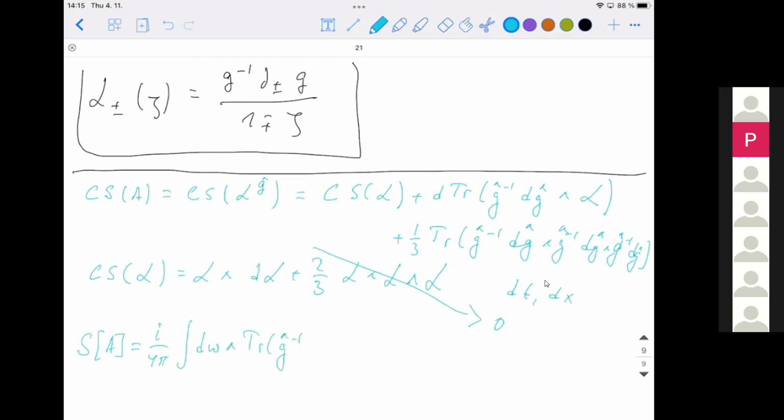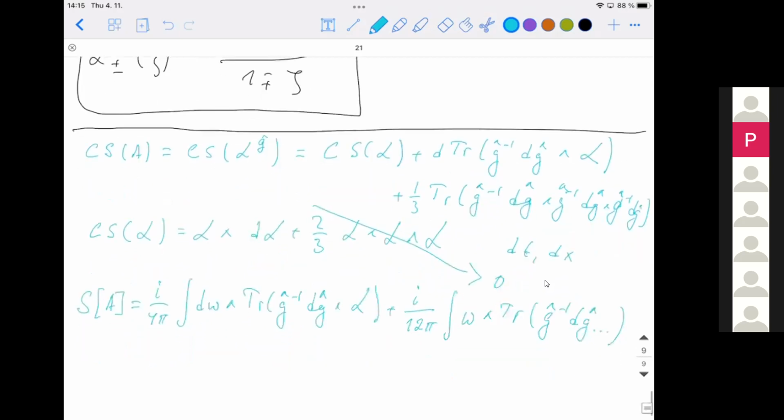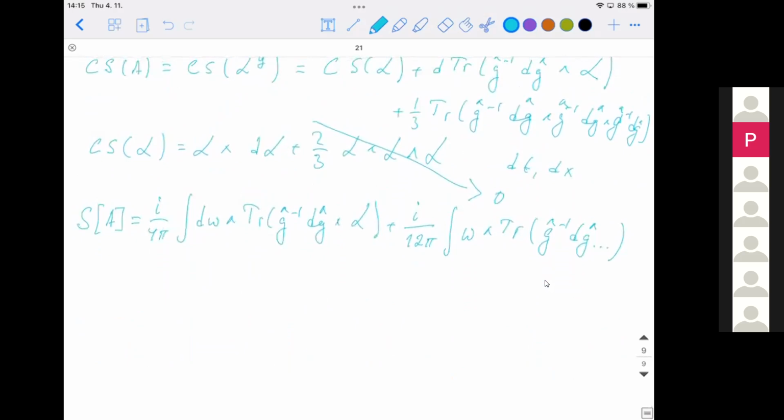L plus omega, this. So this delta is a distribution, so we wrote it many times.